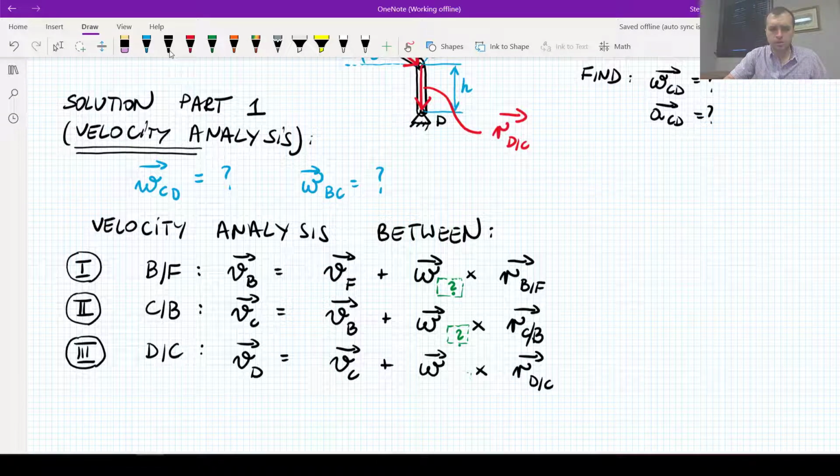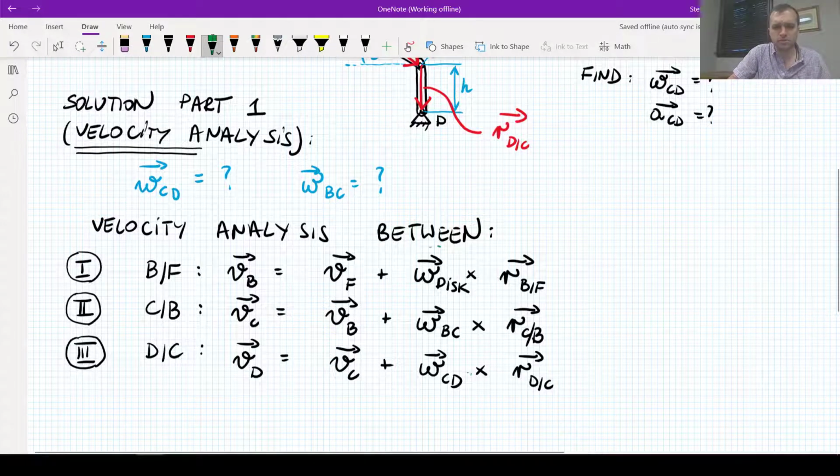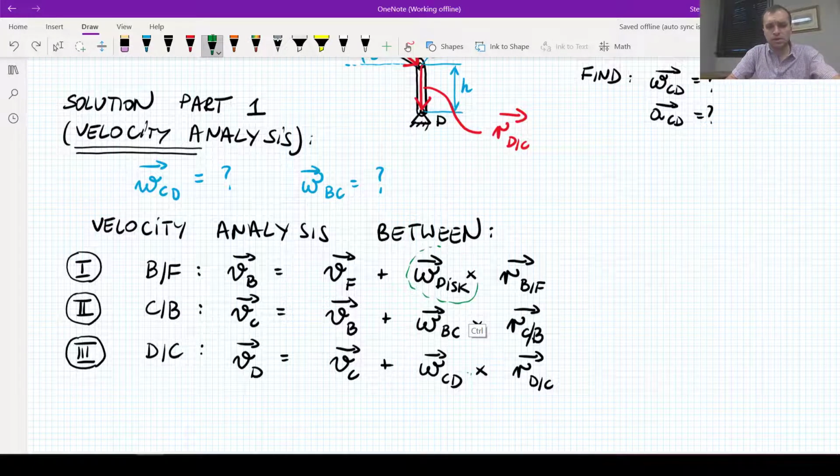Okay, so for those of you who got it right, congratulations. And for those of you who just are watching this video to put their notes together, here is the correct answer. So this omega is omega of disk. This omega is omega BC. And this omega is omega CD. I believe that we have only this quantity in the picture. Yes? Let us put two other quantities in the picture as well.